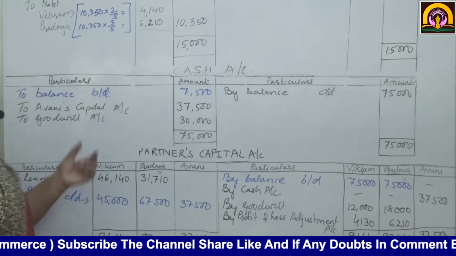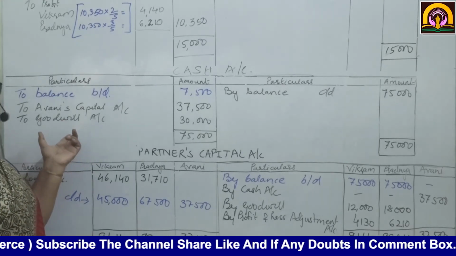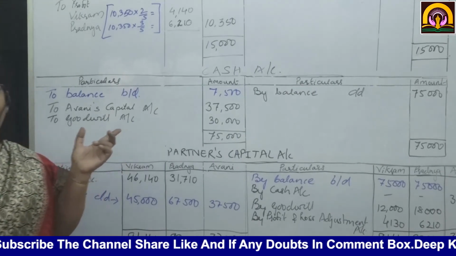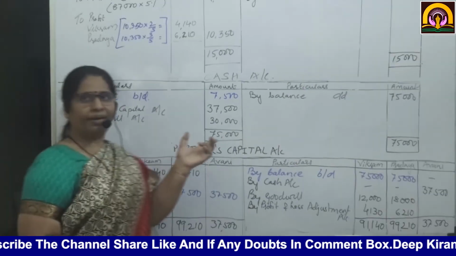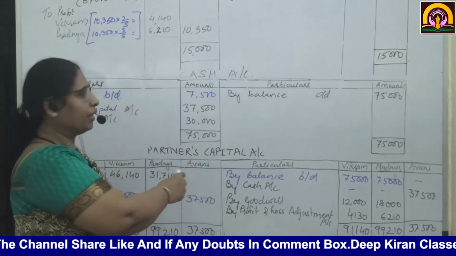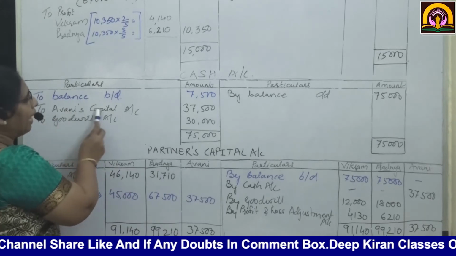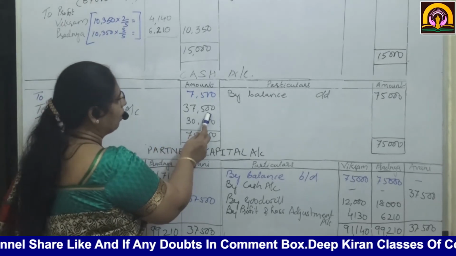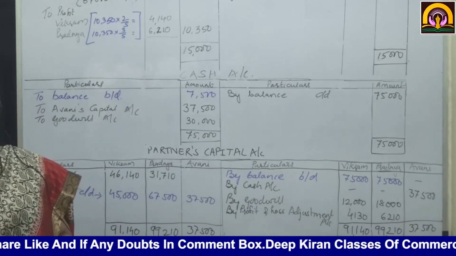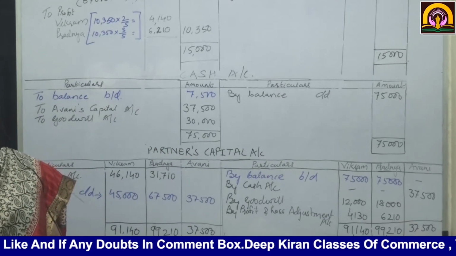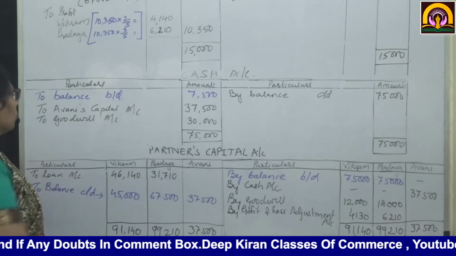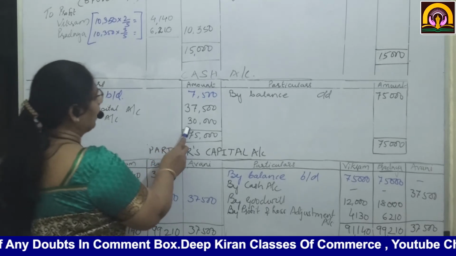Now Avni has brought 37,500 as capital, so to Avni's capital 37,500. Now for the amount of goodwill, he has brought rupees 30,000 for the old partners, so to goodwill 30,000.